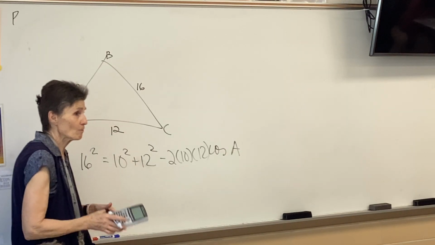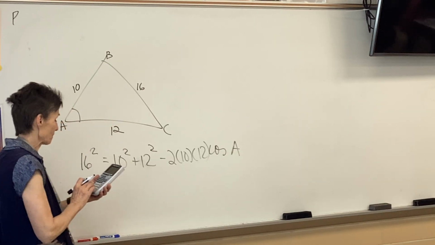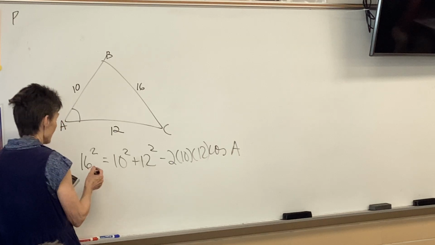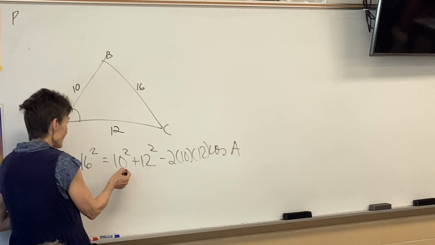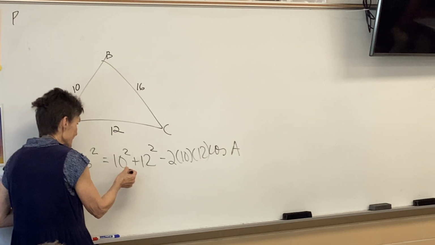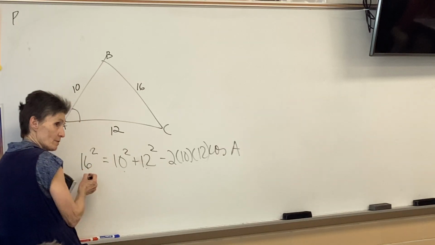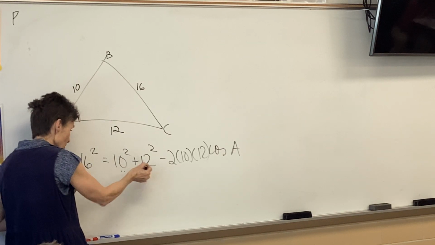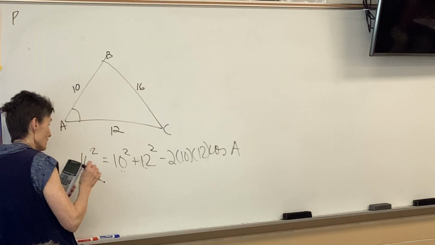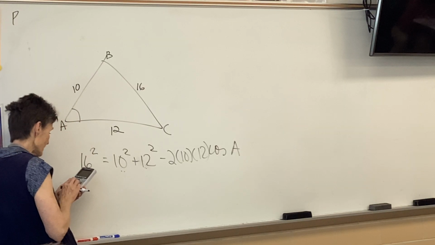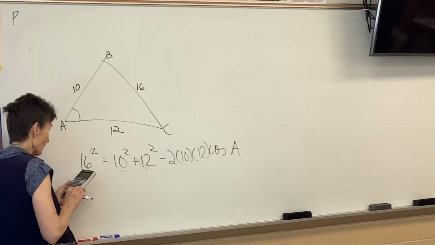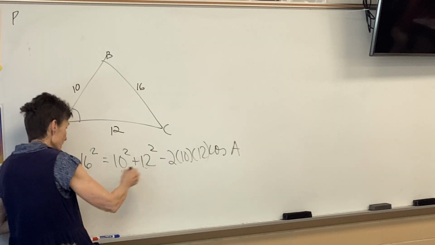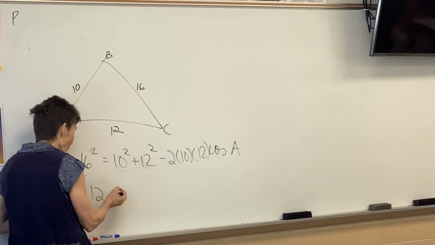Now be careful typing this in. Can I subtract these two over here to this side? And that one and this one subtract over. Yeah. So I'm going to do that: 16 squared minus 10 squared minus 12 squared. Okay, so over here, I now have 12.